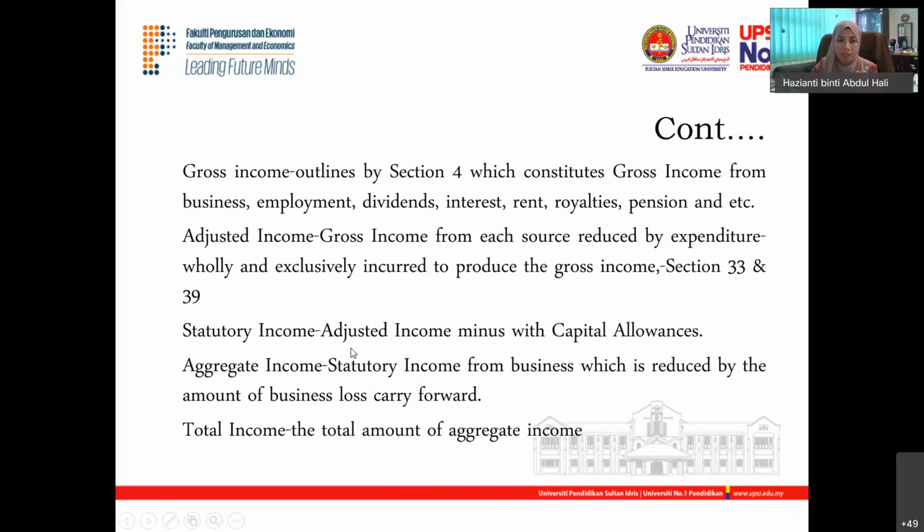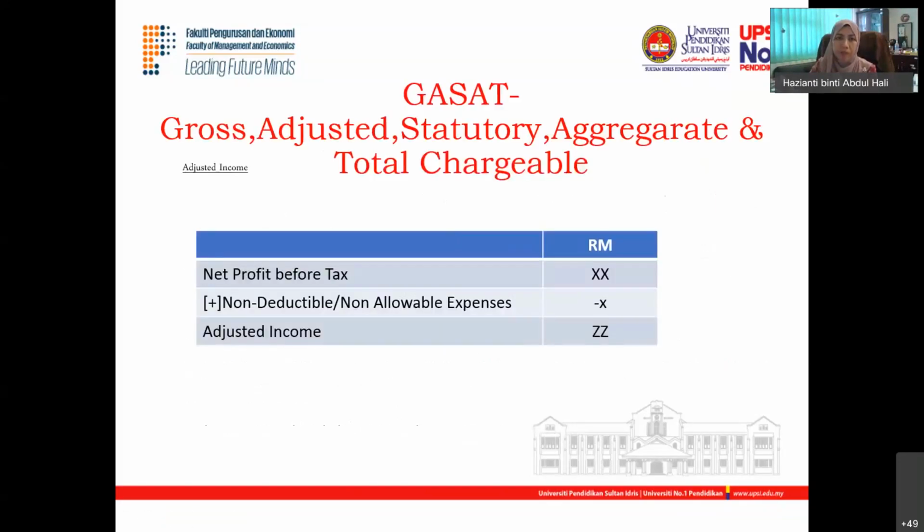Alright, so statutory income is the adjusted income minus capital allowance. This is for business. So for individual, there is no capital allowances. So the statutory income is normally the adjusted income. So the aggregate income, if it is a business, then reduced by the amount of business loss carry forward and other total income. So it's a bit different, the format for individual and also for business.